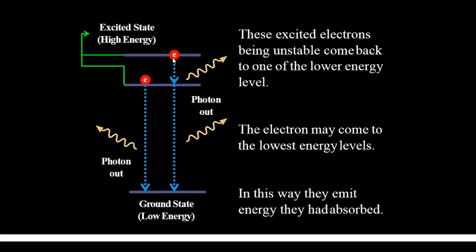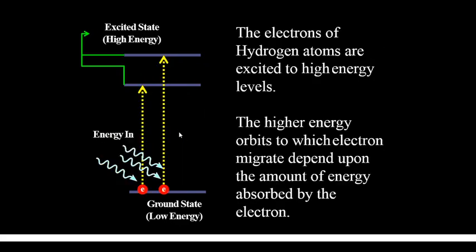From there, that electron first emits a photon and comes back to the first excited state, then emits the next photon and comes back to the ground state. So the electron emits energy here. Here the electron absorbs energy.